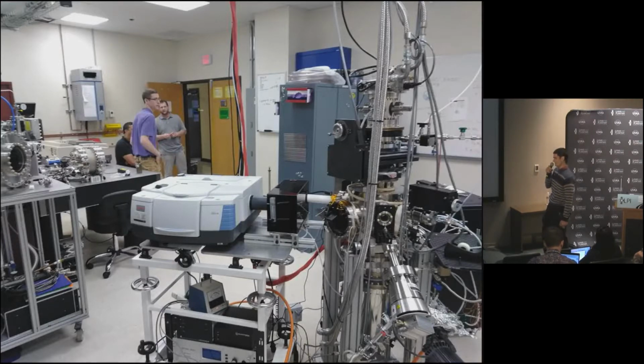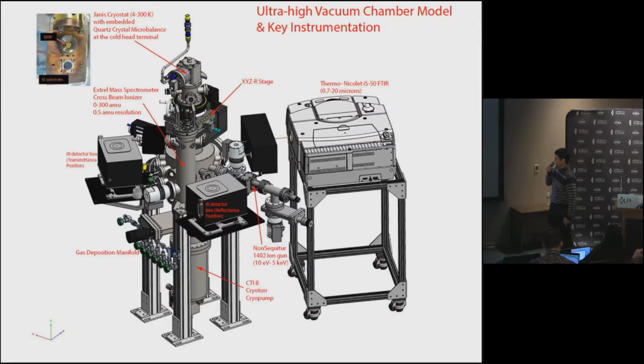It's another thing that we're pursuing. But this is our Europa ice simulation chamber that we're just now bringing under operation, and we're starting to get to work on some of these experiments. And that's just a schematic of the setup. We have an infrared spectrometer, visible and UV spectrometers, a mass spectrometer to measure the composition of the sputtered flux, an ion gun.